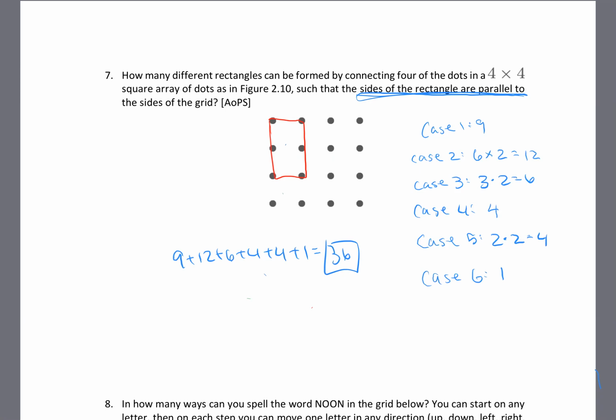Yes, this question is possible without casework. But today we're focusing on casework, so we used casework to solve this problem.